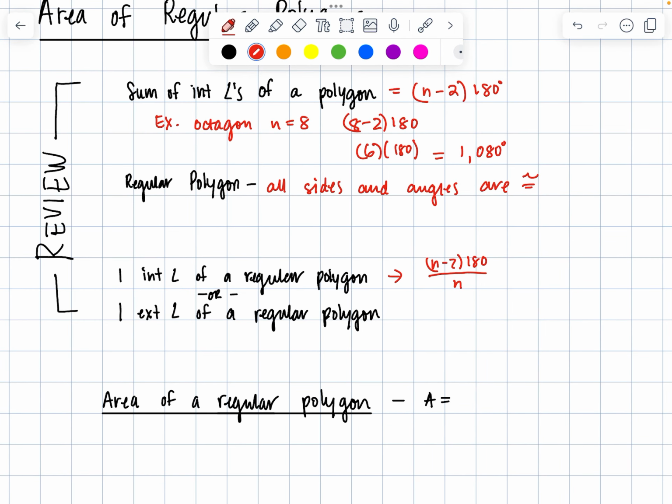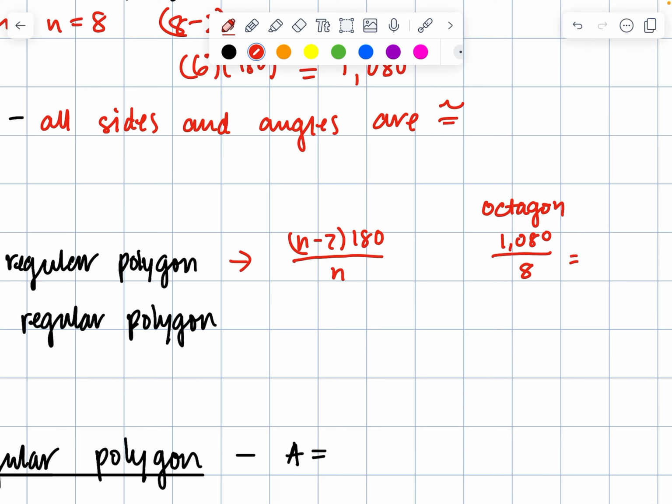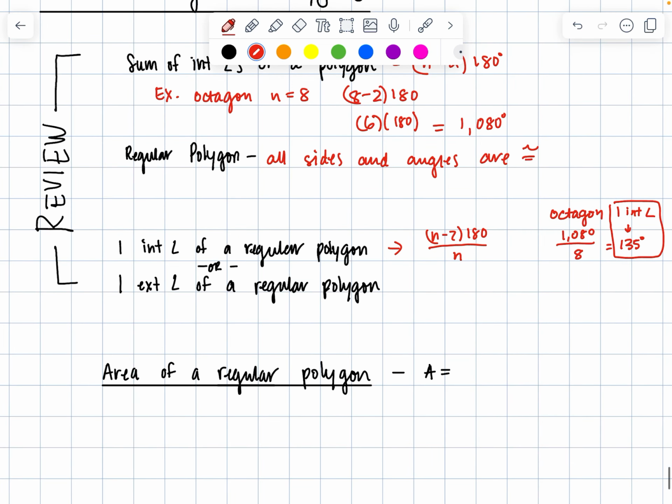In this particular case, if it's an octagon, we already know there are 1080 degrees. We would divide that by 8, and we would get one interior angle of 135 degrees. Which means all of the angles are 135 degrees on the inside of a regular octagon.